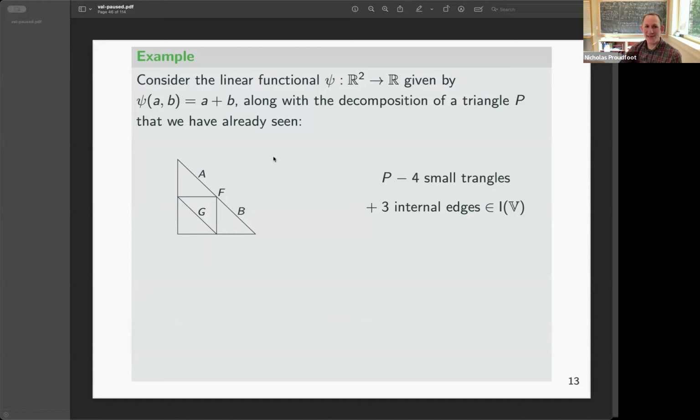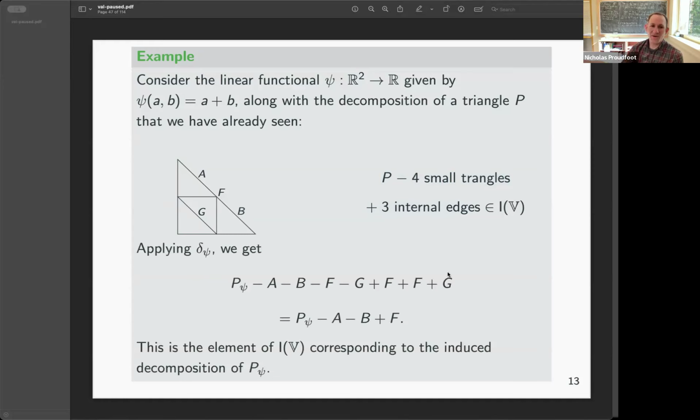So it takes (a, b) to a plus b. So this P goes to P psi, it takes everything to its northwest facet. So we have this element of I of V, which is P minus the 4 triangles plus the 3 internal edges. And what does it go to when you apply delta psi?